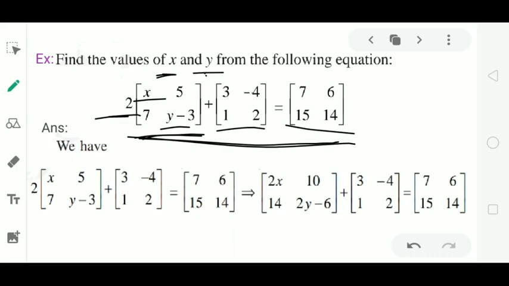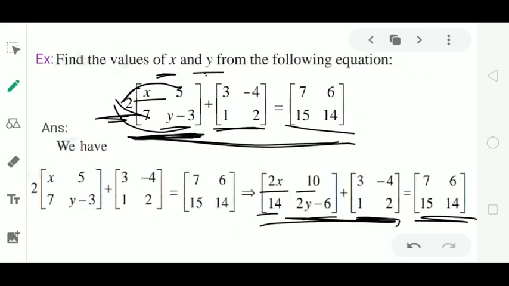So first we multiply 2 to each element of the matrix, which is 2x, 2 into 5 is 10, 2 into 7 is 14, 2 into y minus 3 is 2y minus 6, plus the second term, that is a matrix containing elements 3, minus 4, 1, 2, is equal to a matrix containing elements 7, 6, 15, 14.